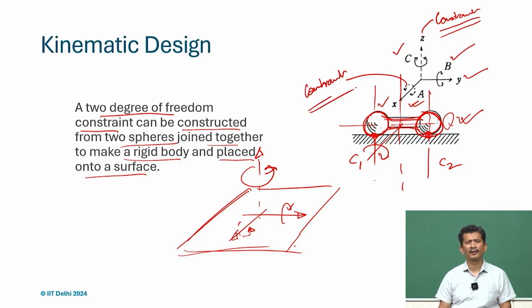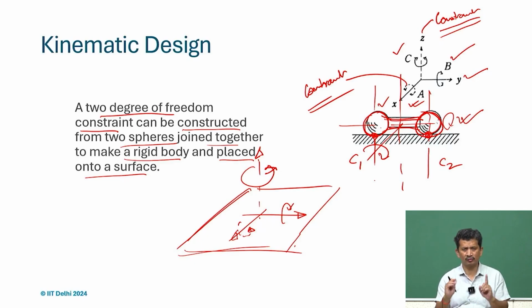And previously also we mentioned, whenever there is a parallel constraints, linear constraints, they will always constrain a rotation which is perpendicular to the plane.